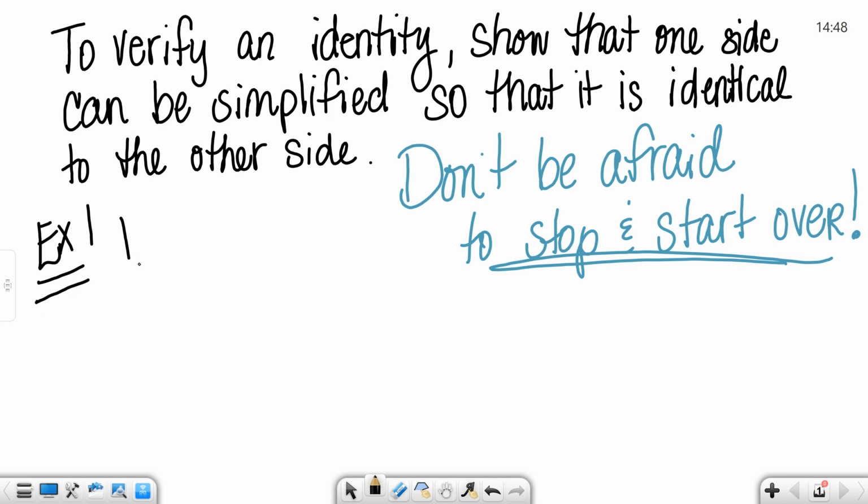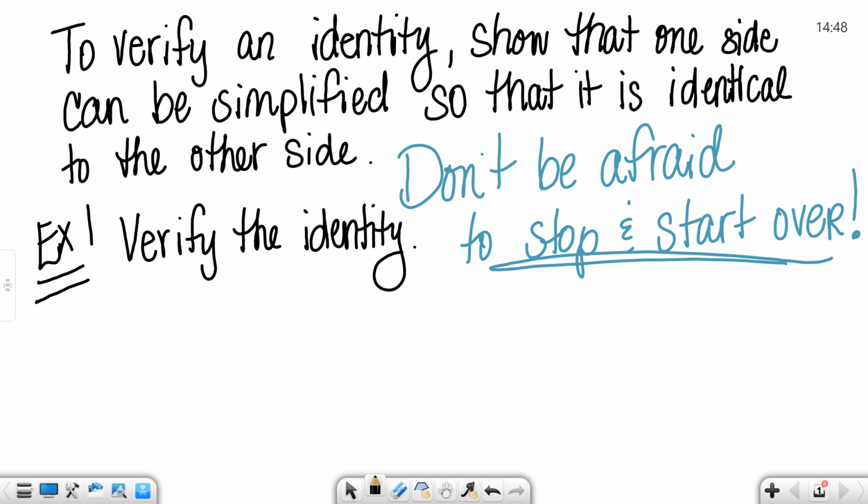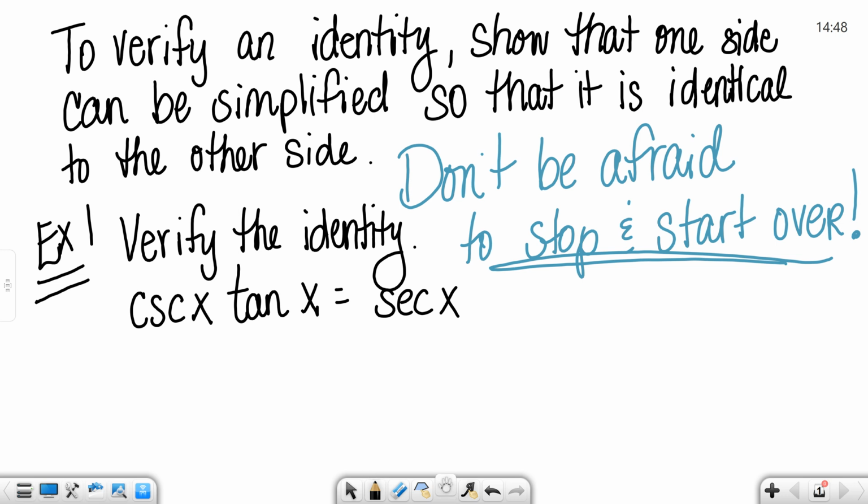Example number 1, our directions are verify the identity. And here is our identity: the cosecant of x times the tangent of x equals the secant of x. Essentially we're going to work with one side and make sure it can simplify to equal the other side.